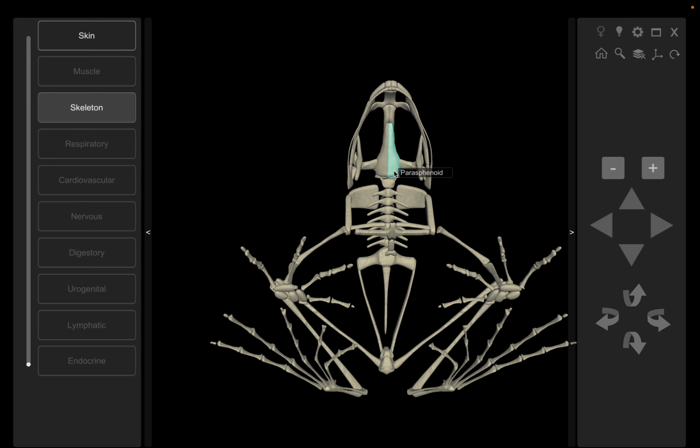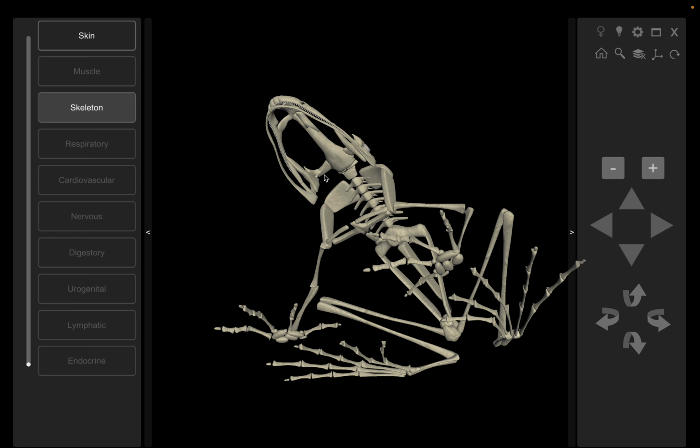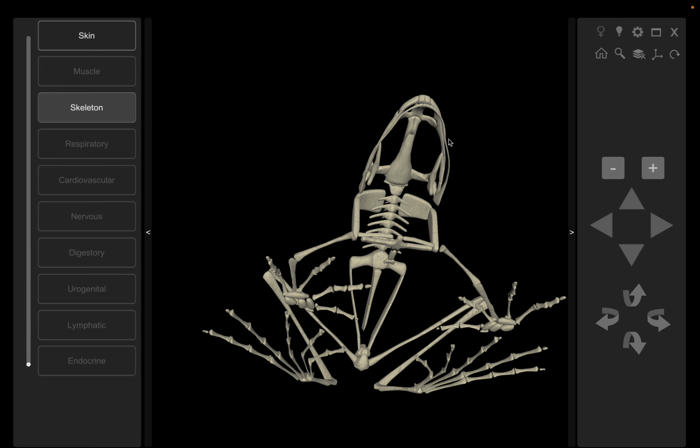We're seeing the paired paraspinoids, our prootic bones here, our frontoparietals, our nasals. They're also appearing on the ventral side. And then we have our squamosal bone and the pterygoid here. Those are what you can see at the ventral side.